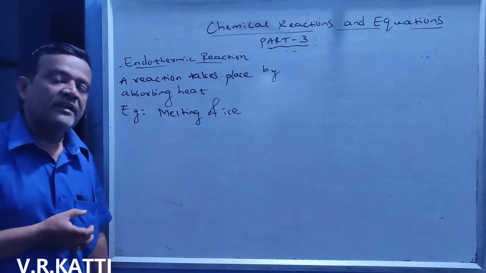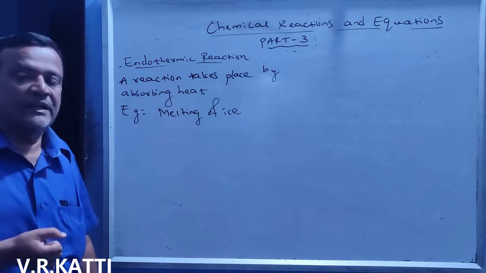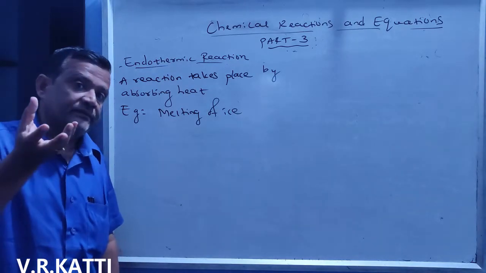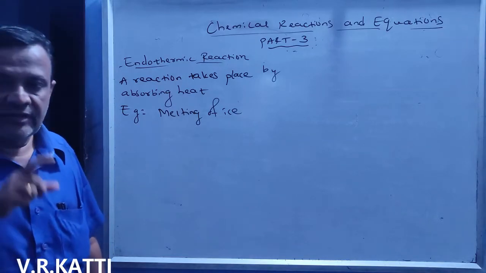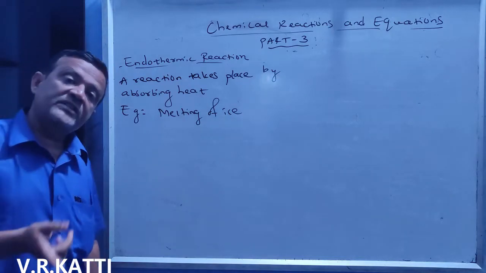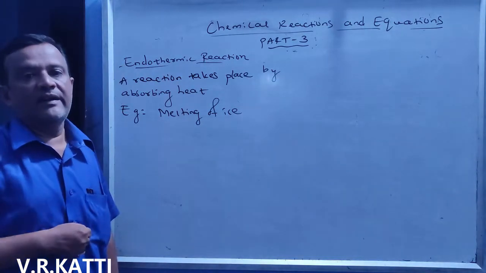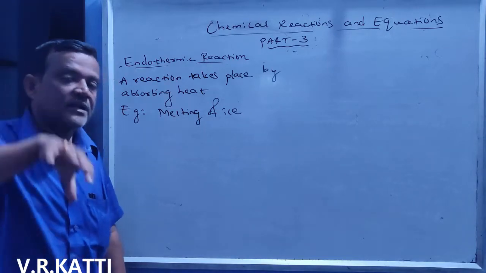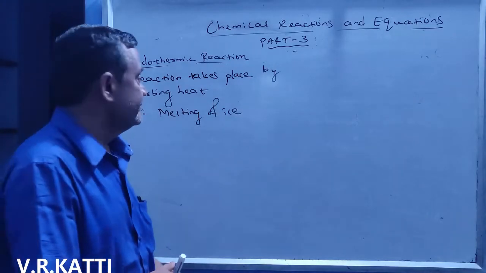For example, if you burn magnesium ribbon, the powder formed is magnesium oxide. For the formation of magnesium oxide, heat is required. So these chemical reactions take place by absorbing heat.